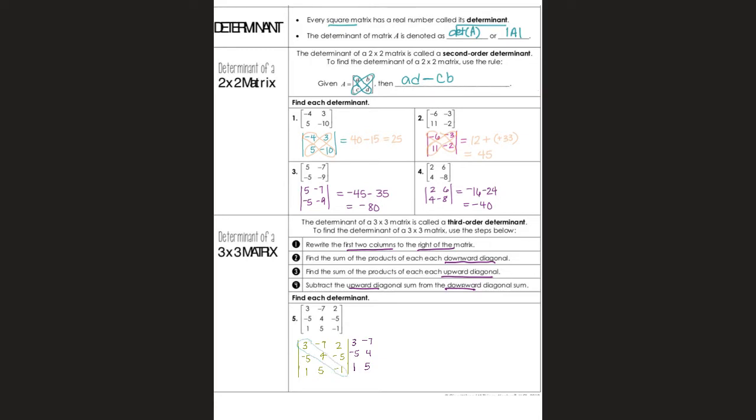And so that product, you're going to have 3 times 4 times negative 1. So that's going to give us negative 12, isn't it? And then we're going to multiply the next column. Notice that's going to be negative 7, negative 5, and positive 1. So we're going to say plus, because again, we're still working with our diagonals. And that's going to be plus 35.